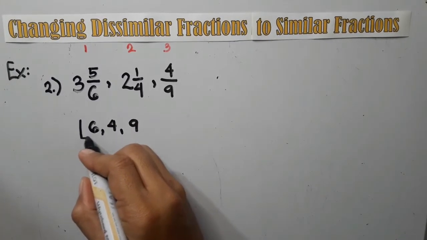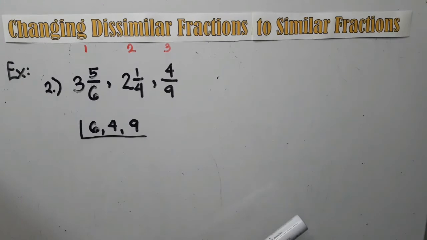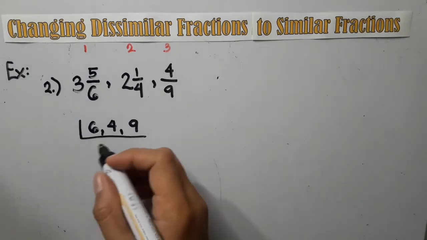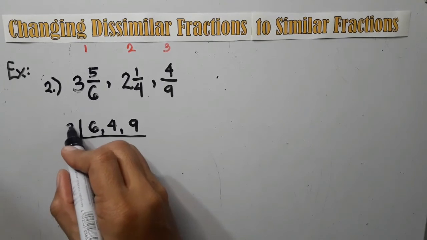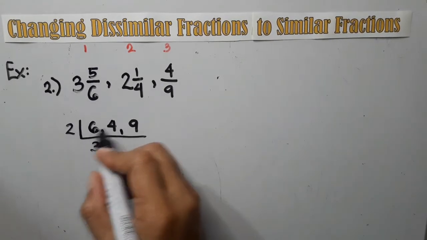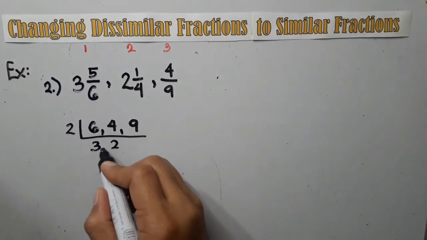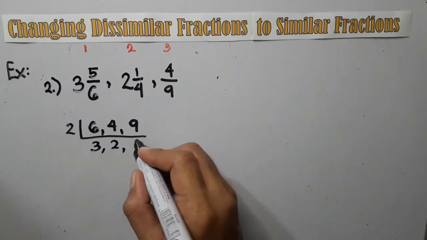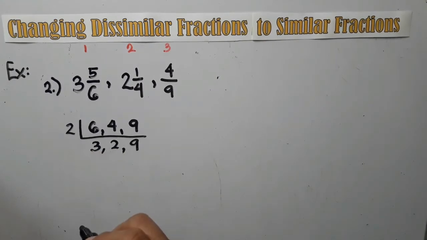Then, think of a prime number that you can use to divide at least 2 of the given numbers. So, we'll try 2. 6 divided by 2 is 3. 4 divided by 2 is 2. Then, 9 divided by 2 is not exact, so we will bring down 9.